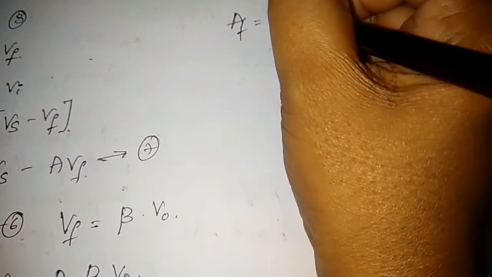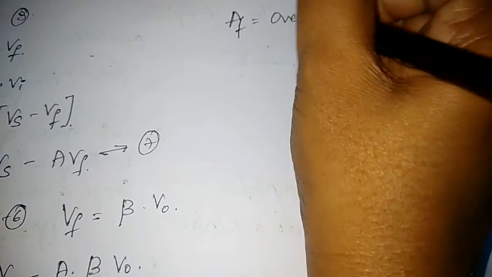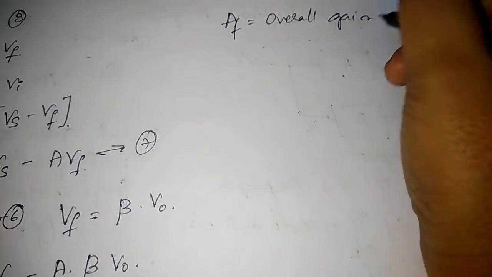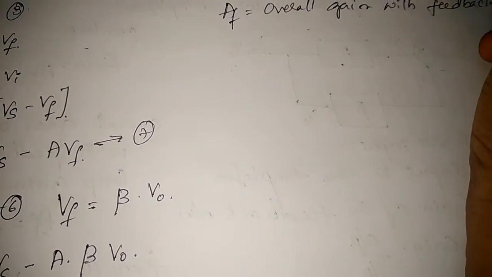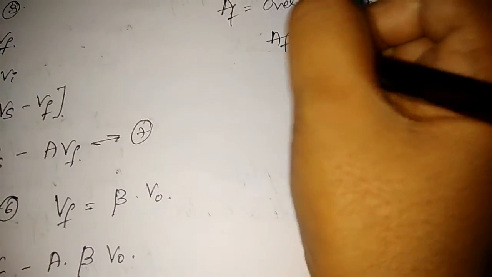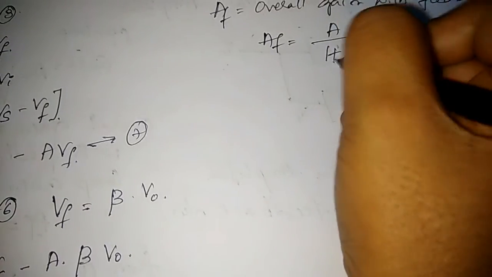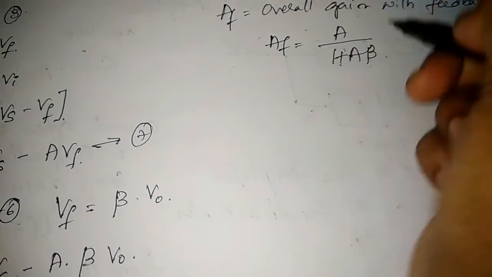So your AF represents the overall gain with the feedback, which will be given by AF is equal to A divided by 1 plus A beta.